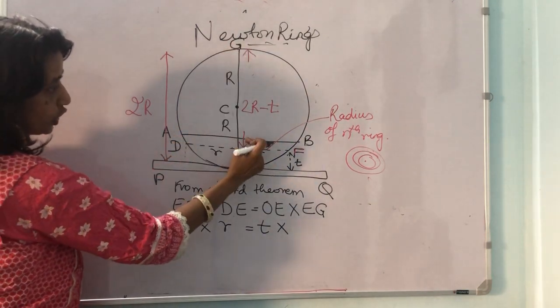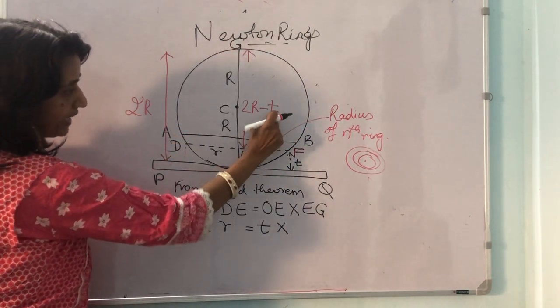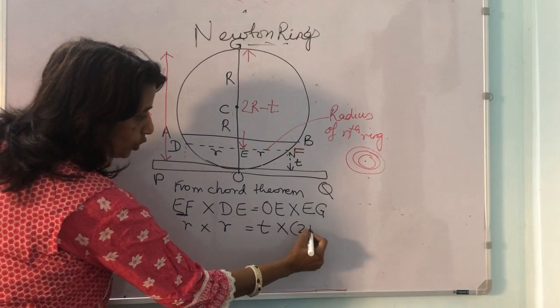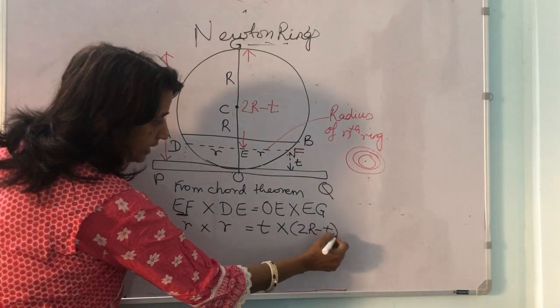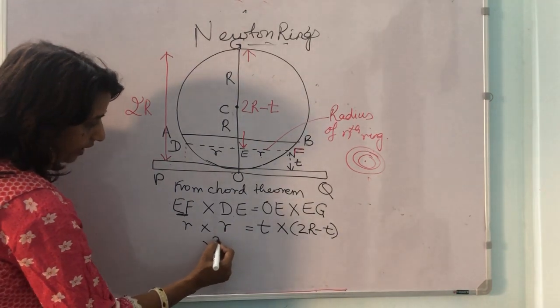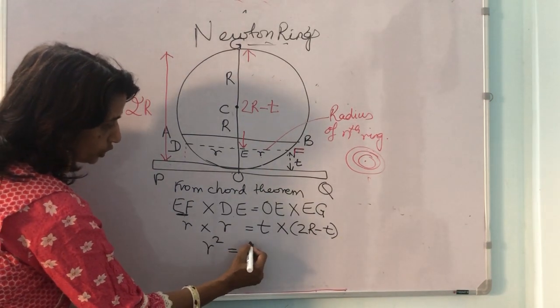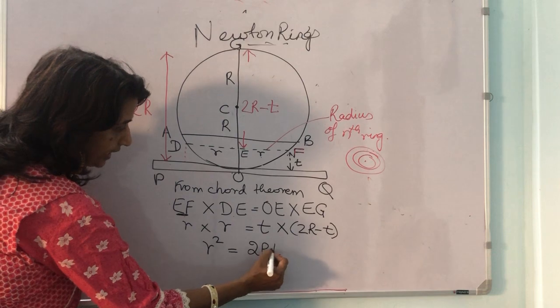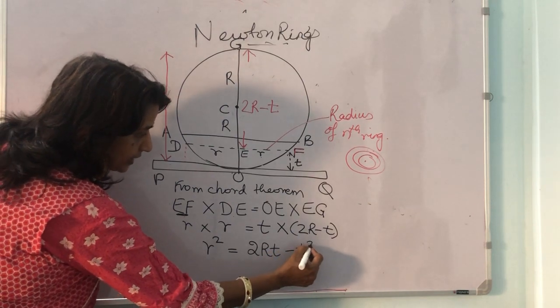EG is 2R minus T. So we will solve this: r square is equal to 2RT minus T square.